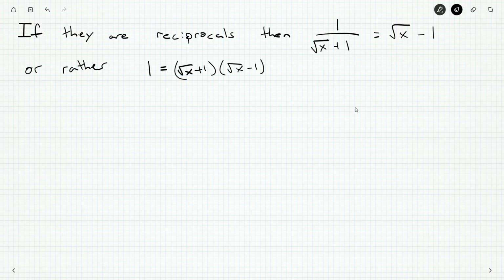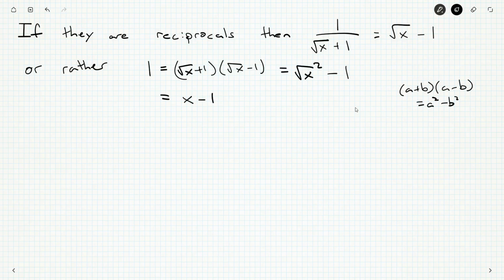Now, it's not that hard to expand this out, but for those of you who've seen something called difference of squares, a plus b and a minus b is a squared minus b squared. This is a great thing to know. It's helpful to go both ways. In this case, it's really quick to expand. You get minus 1. So root x squared minus 1, or really just x minus 1.